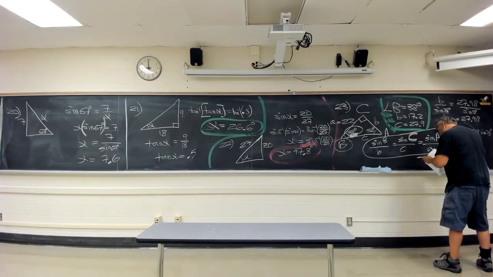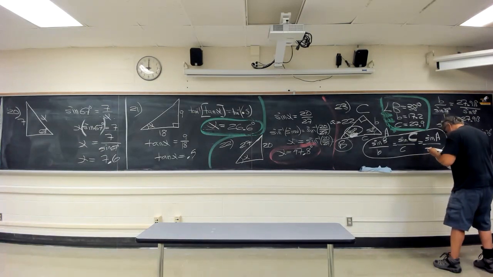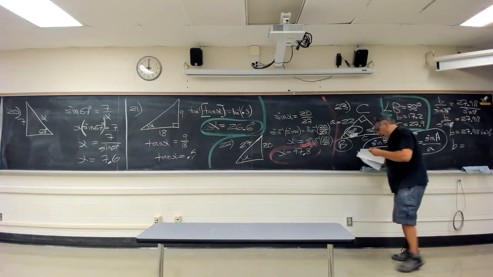Hopefully we get it right though. We got 38. Yeah, we came out okay. Angle big B is 38 degrees, side small b is 17.2, and side small c is 27.9. Not bad. We're there. So that's that.